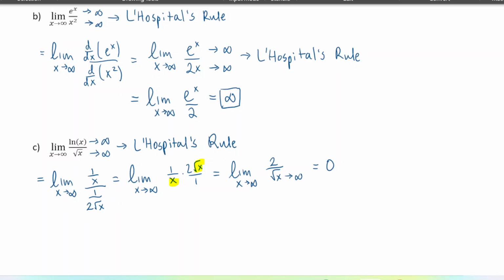And when I graph this in a second, we should see that there is a horizontal asymptote at y equals 0 for large values of x. So in this case, when the limit is 0, that means the denominator was growing faster than the numerator. So when the denominator grows faster than the numerator, that one is more dominant, and we approach 0.